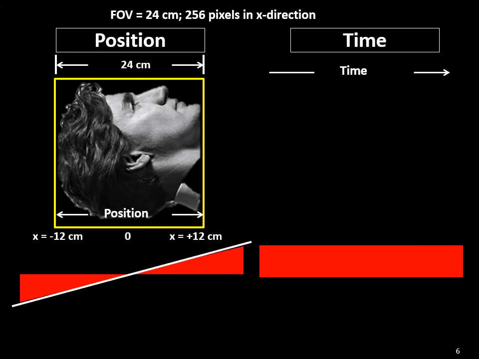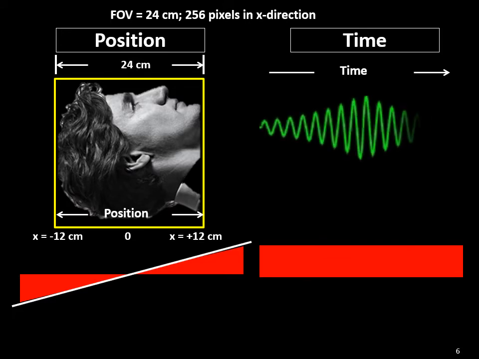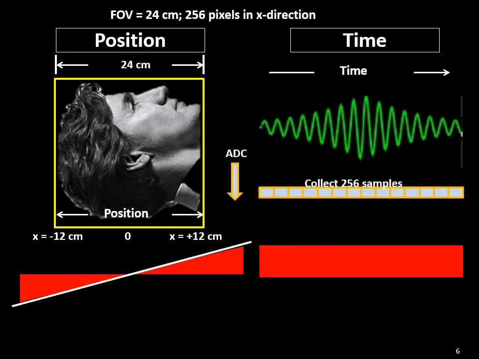We know we have to apply that gradient for a certain period of time while we receive the signal. We know that we have to sample that analog signal a certain number of times, in this example 256 times, to get 256 pixels through the analog to digital conversion process.